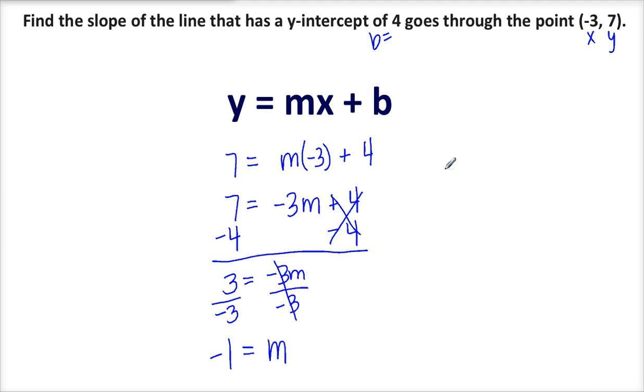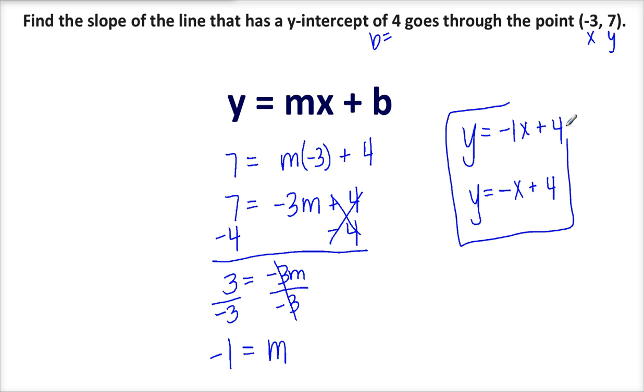So to write this in my equation, it would be y equals m, which is -1x, plus b. The more common way that you would see this written, though, is y equals -x plus 4. We don't usually write the 1 in front of a variable. So these are the correct equations that are described by this information.